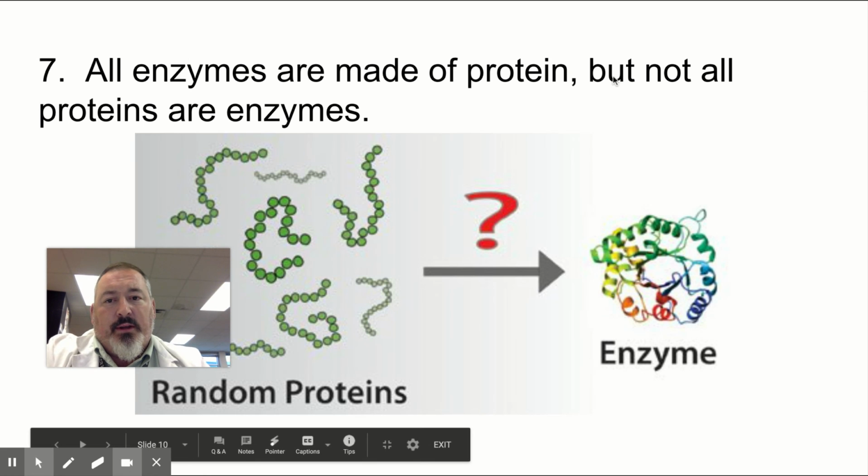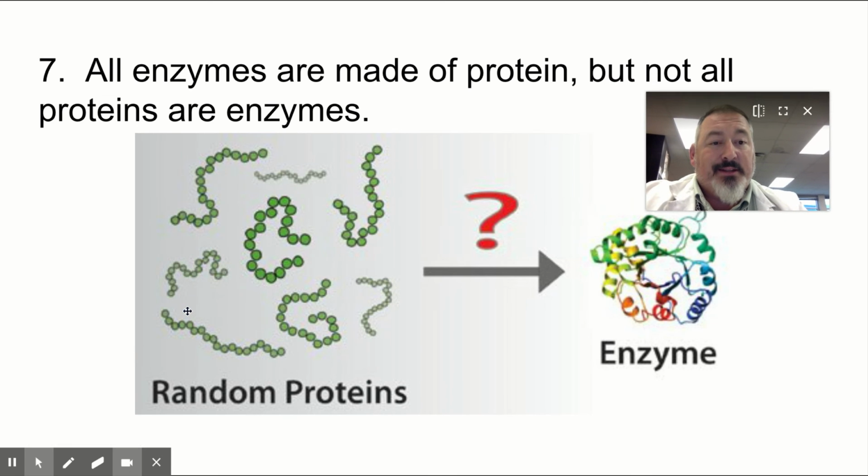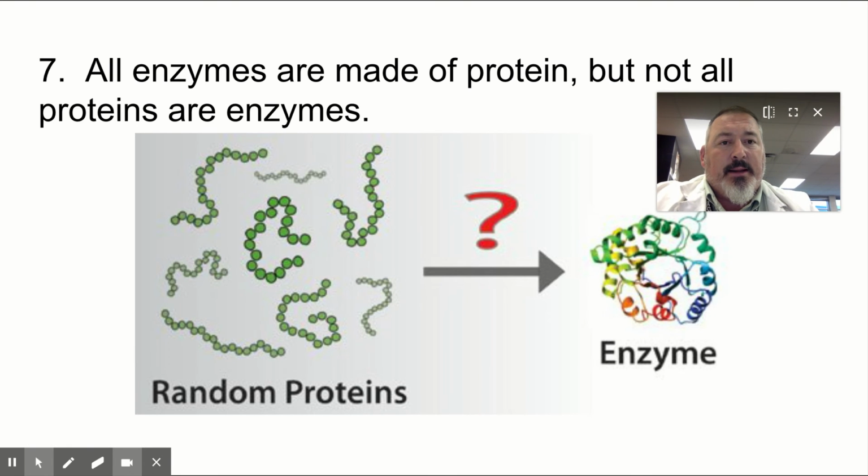Now, when we look at proteins, because all enzymes are proteins, they can be misshapen. You can see the structure, you can see random coils, the alpha helices, the beta pleated sheets, all these really cool parts of the enzyme. But all enzymes are made of protein, but not all proteins are enzymes.